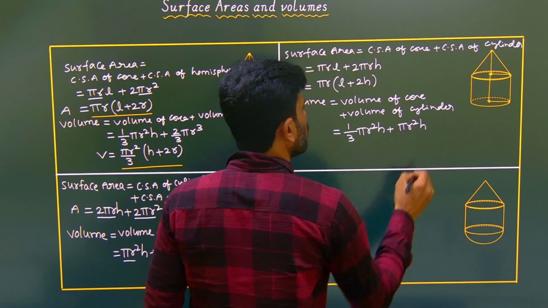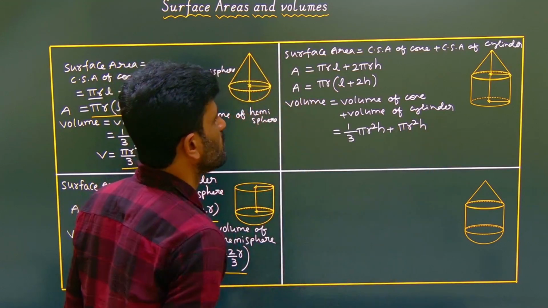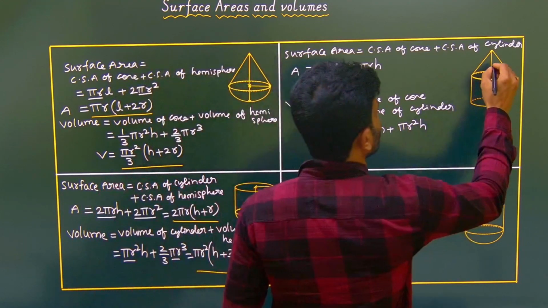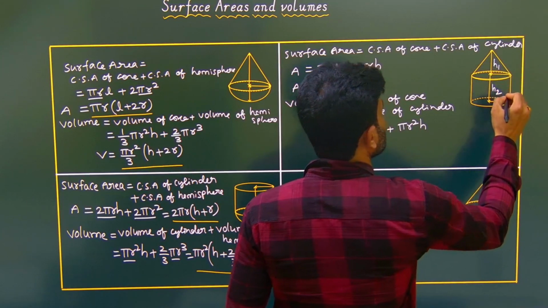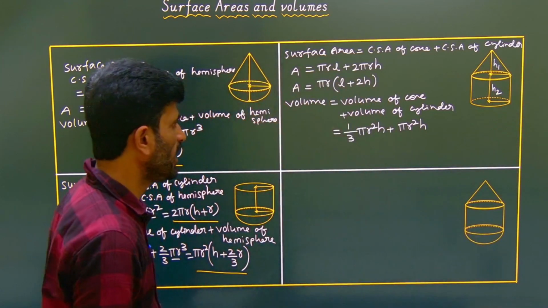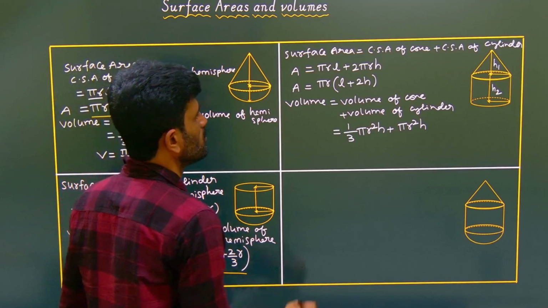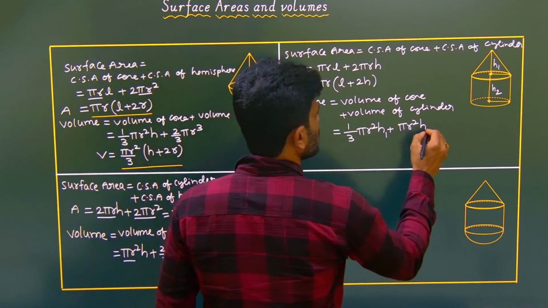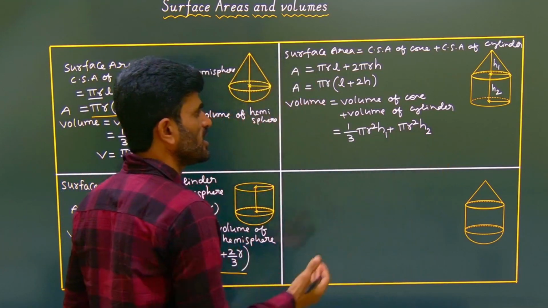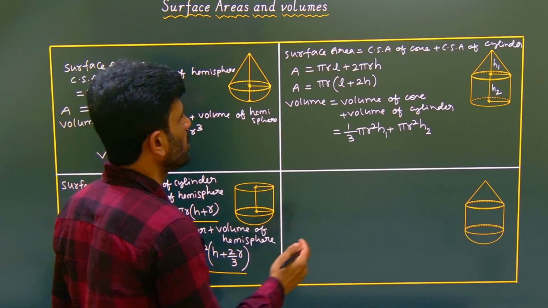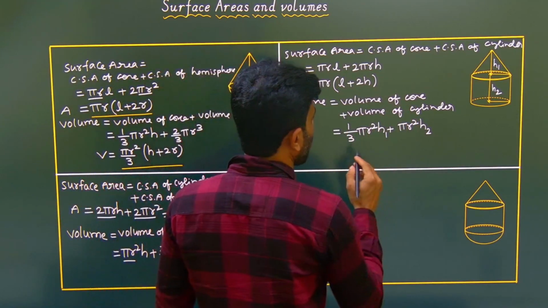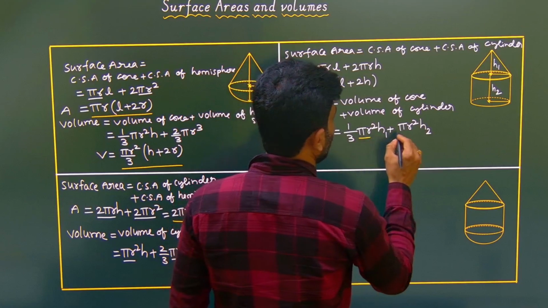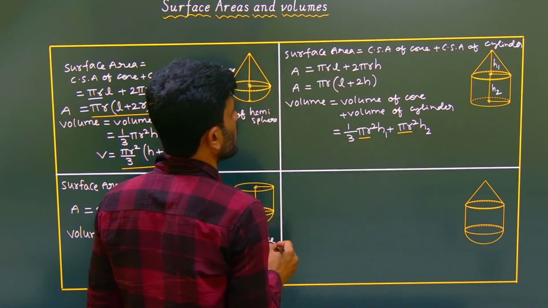But here we have to remember one thing: both the heights will not be the same. So we take the cone height as h1 and the cylinder height as h2. They may be different, so they may not give you the same, otherwise you will get it wrong. The common radius will be given, but heights may be different. So we can take pi r square common.